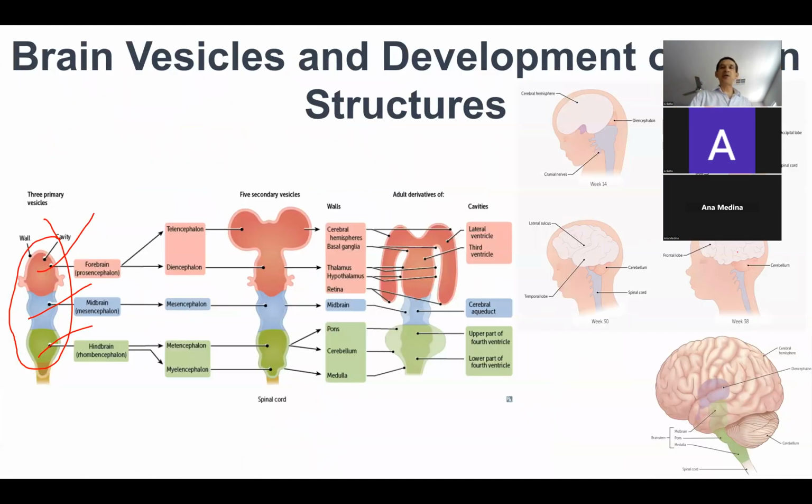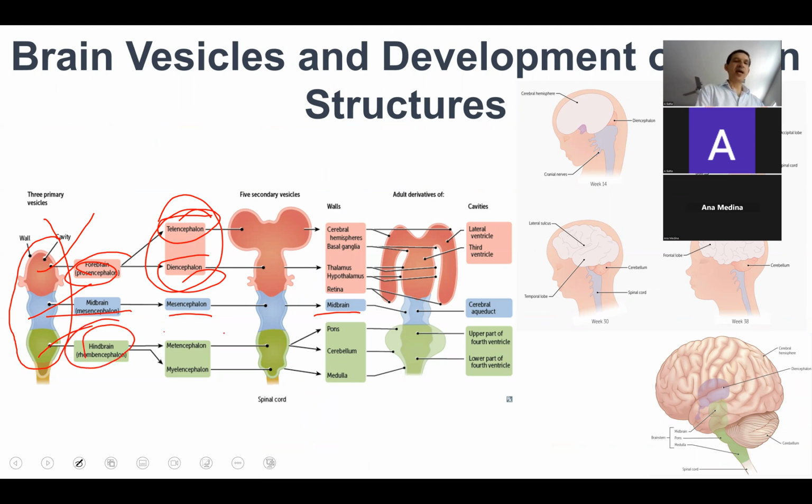This is what the brain development further looks like. You have 3 vesicles. Mesencephalon still becomes the mesencephalon, still called the midbrain, and so on. The forebrain divides into two secondary vesicles. One is called telencephalon, the other one is called diencephalon. And the hindbrain, the rhombencephalon, has 2 more portions.